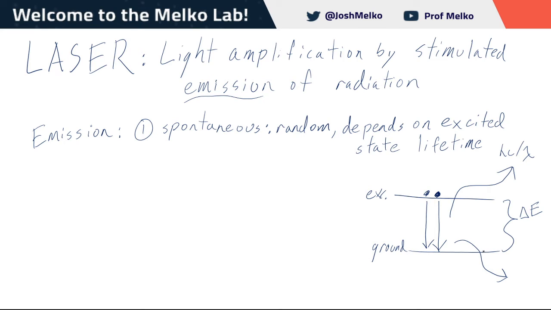It's going to have the same wavelength as this one because it's still the same change in energy, but it's going off in a different direction. We call that divergent. The photons here will be emitted in essentially every direction.